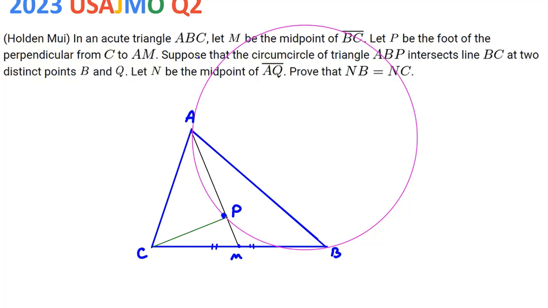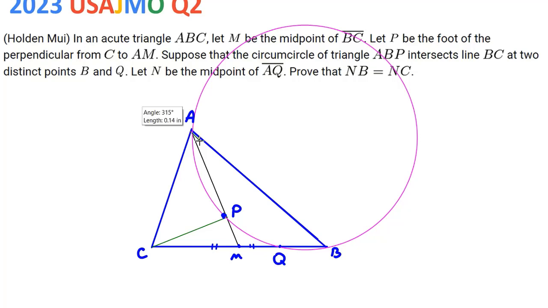So what does the rest say? Suppose that the circumcircle of triangle ABP intersects BC at two distinct points B and Q. So this point is Q. Then it says let N be the midpoint of AQ.